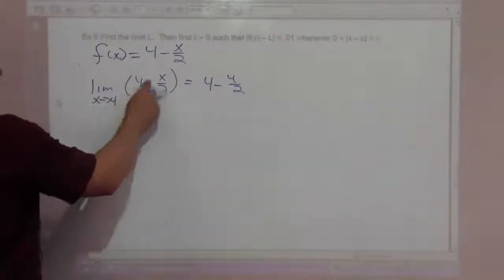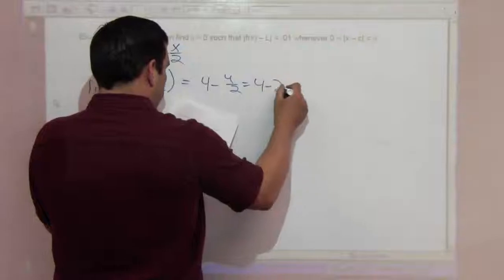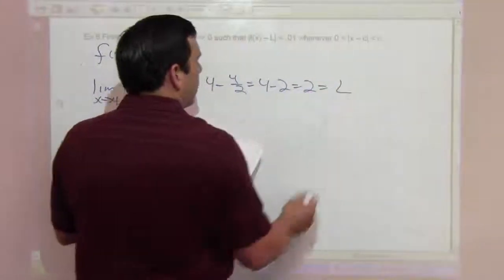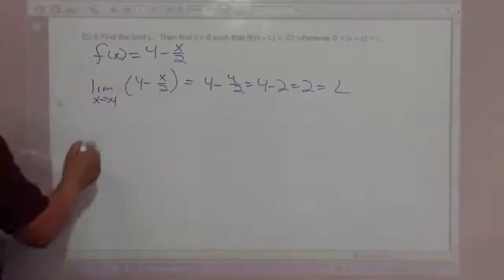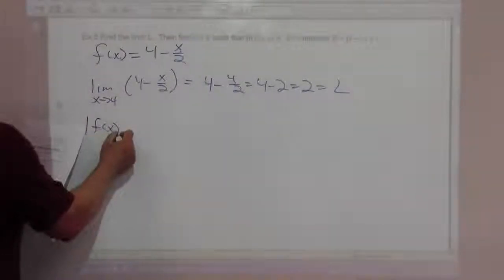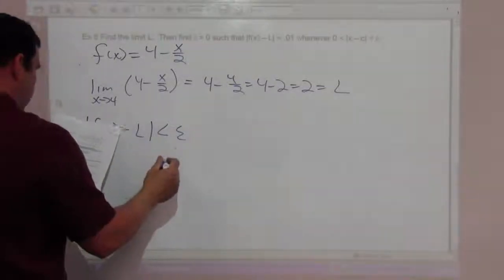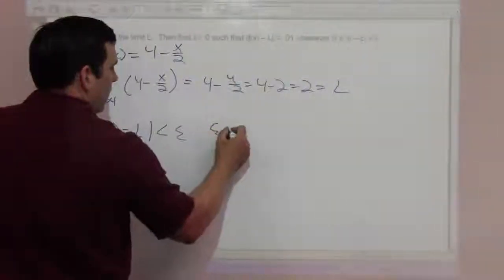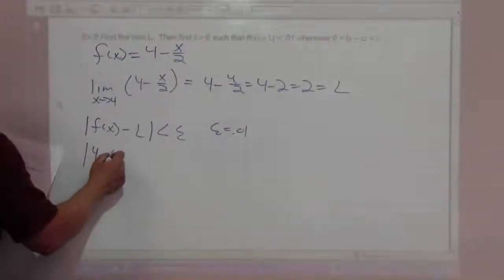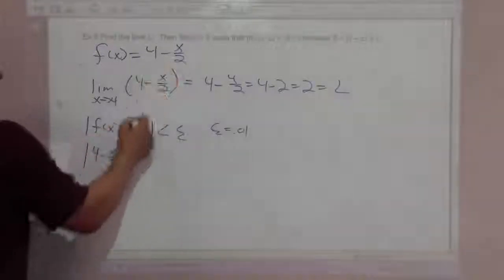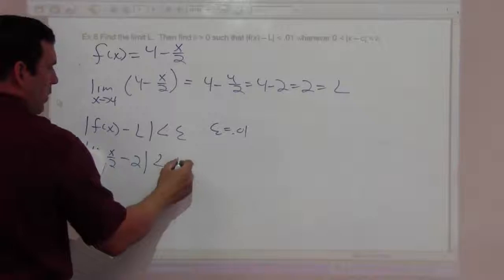So here x is 4. 4 minus 4 over 2, which is 4 minus 2, which is 2, and that's going to be our L. So we want to find the absolute value of f of x minus L be less than our epsilon, where our epsilon was defined to be 0.01. So the absolute value of 4 minus x over 2, this is my f of x, minus the limit, that's 2, needs to be less than 0.01.